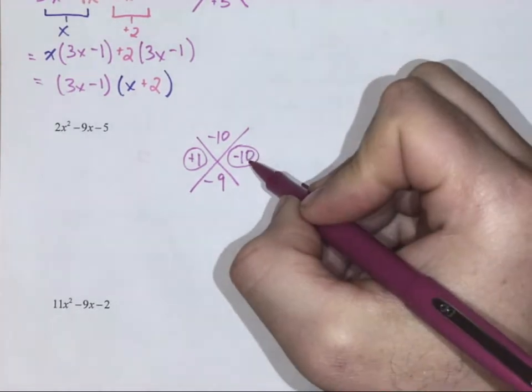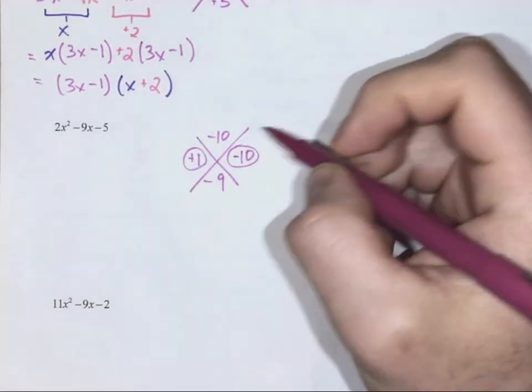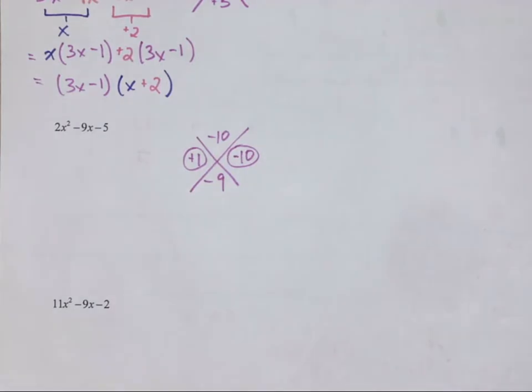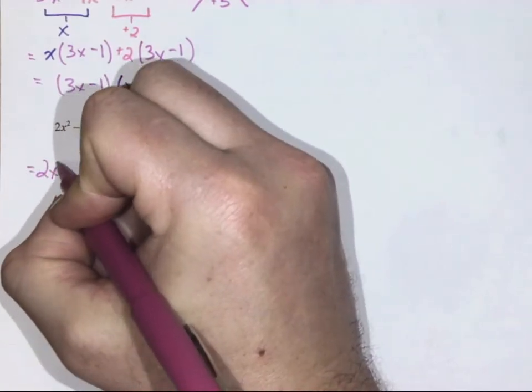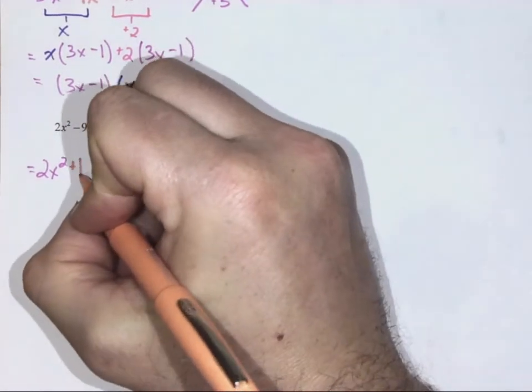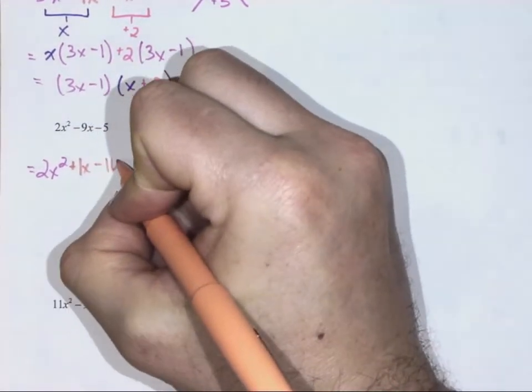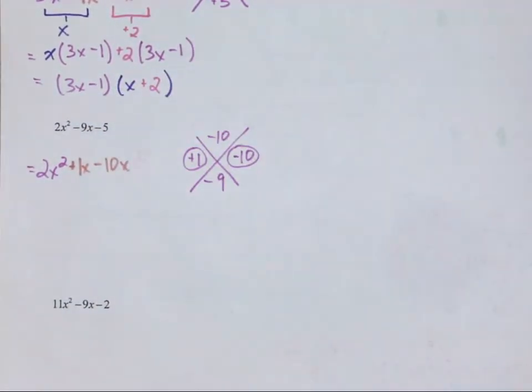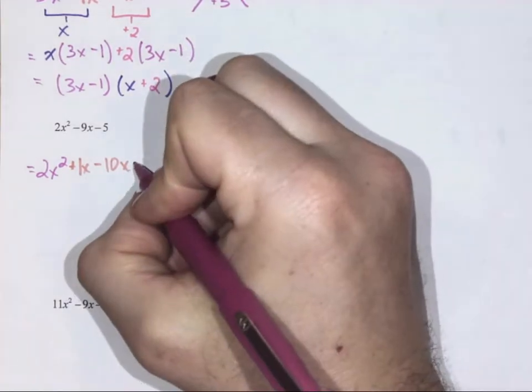This time I'm going to put negative 10 second so we can see. I'm going to do it in that order. But I have 2x squared. That negative 9x breaks down into positive 1x, take away 10x, minus 5.